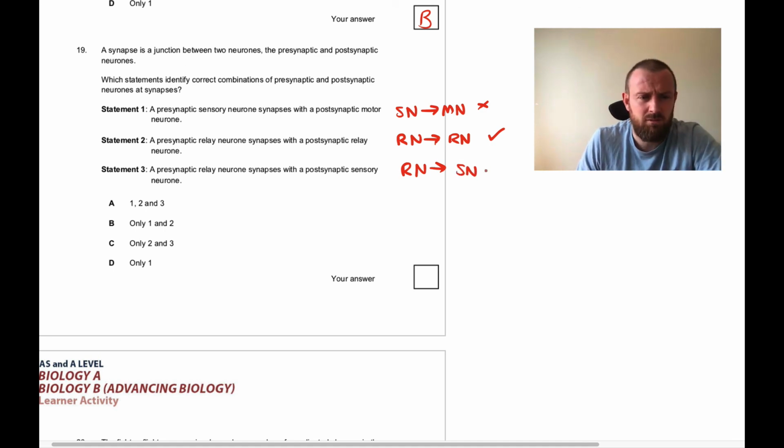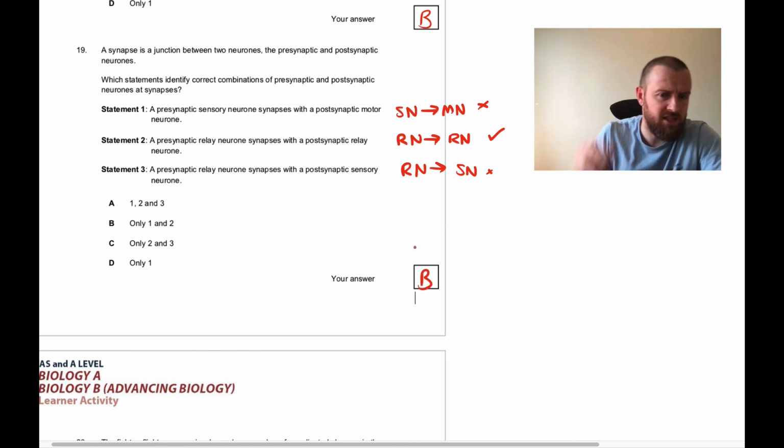I don't think so, but only two is not an option. You have to cheat and look at the answer. The answer, it says, oh, I got this one wrong. So the answer is B.